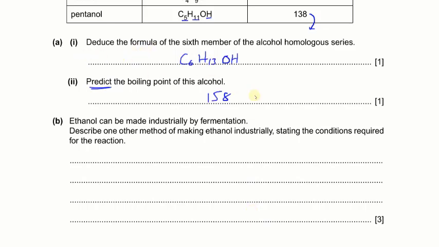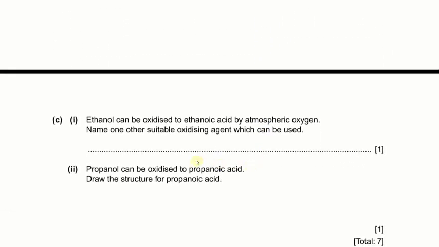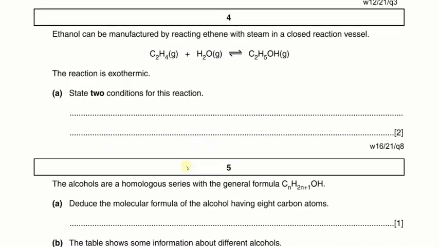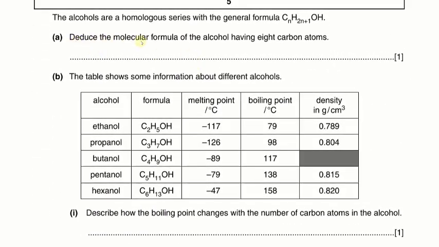Same question, fermentation, that we have just solved before. Suitable oxidation we have just done. Deduce the molecular formula of alcohol having 8 carbon atoms. So 8 carbons will be C8, H should be 8 times 2, 16, plus 1, 17, and then OH.